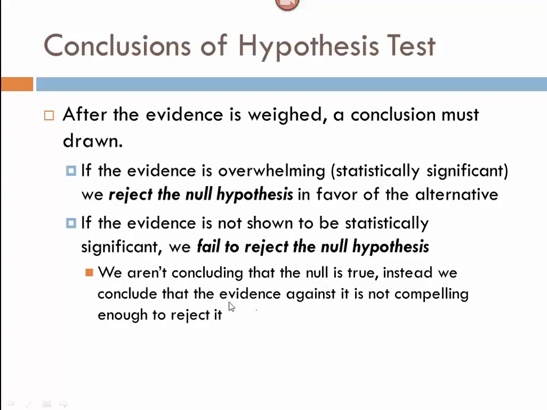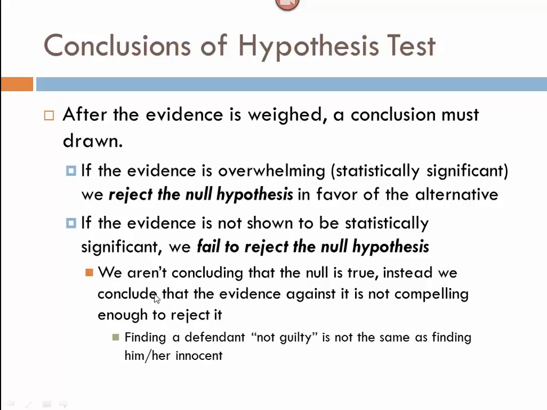In failing to reject the null, we are not concluding that the null is true. Instead, we're simply saying that the evidence is not compelling enough for us to reject it. Finding a defendant not guilty is not the same as finding him or her innocent. Again, we assumed innocence, and we assume the null is true. Unless we can see evidence against that fact, we fail to reject it.